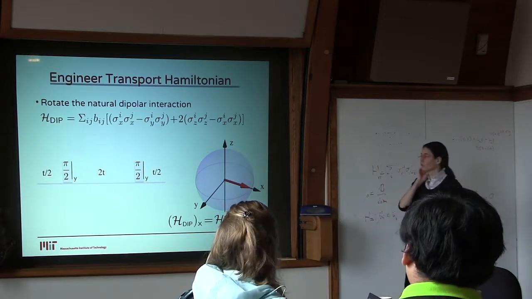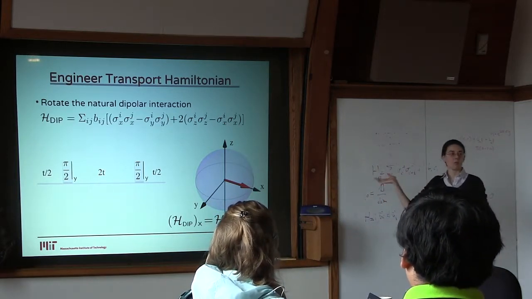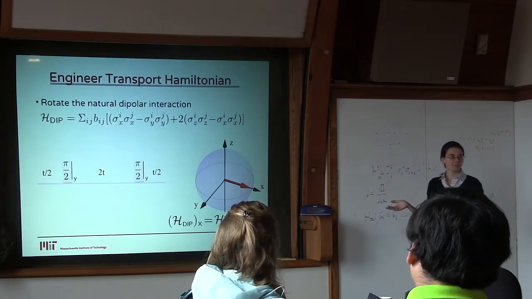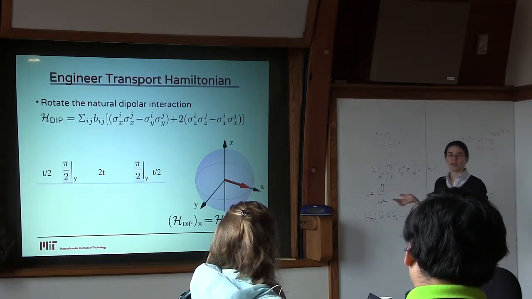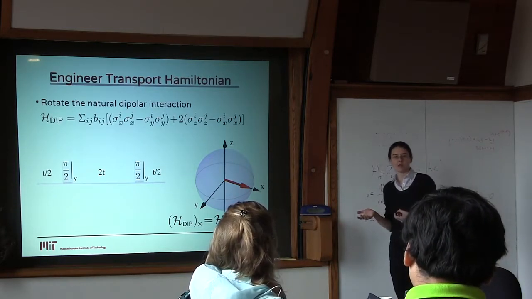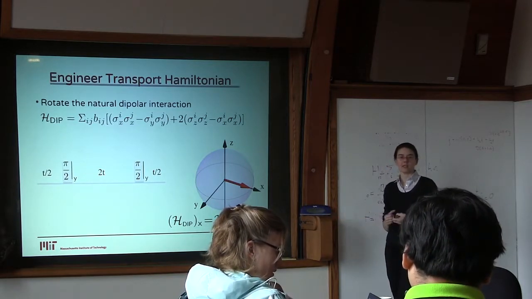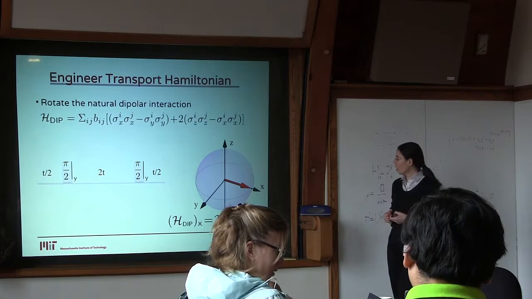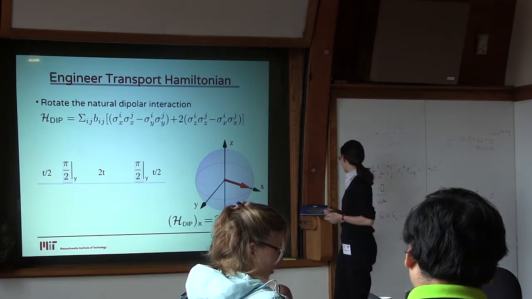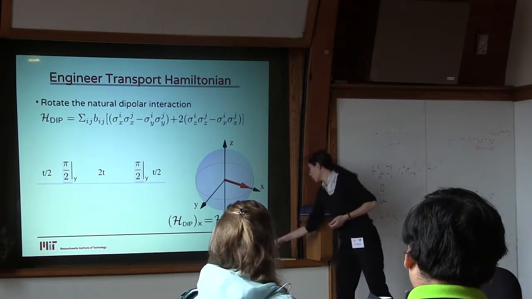This is a technique which works here, but you can think to use it much more generally, anytime that you want to engineer some natural Hamiltonian in order to simulate or create a different Hamiltonian.